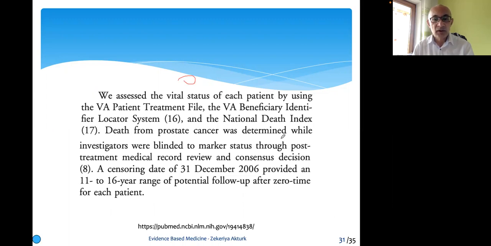Death from prostate cancer was determined while investigators were blinded to the marker status. This time the reverse: the pathologists were blinded for the outcome. Here the investigators registered the outcome status of the patient, and they were blinded about the marker status, whether the cellular markers were positive or negative.